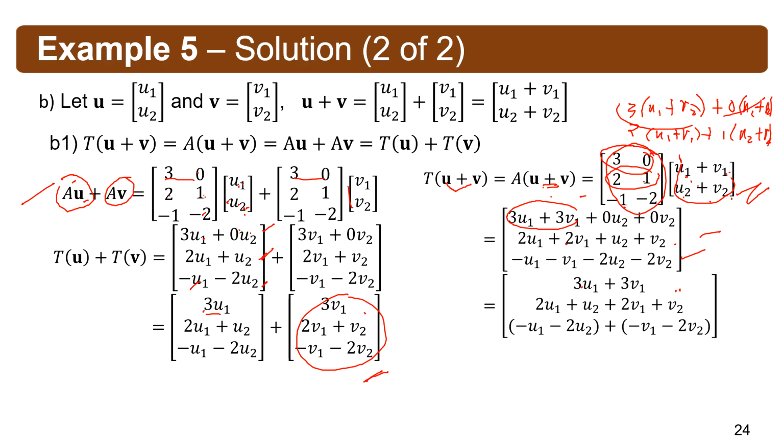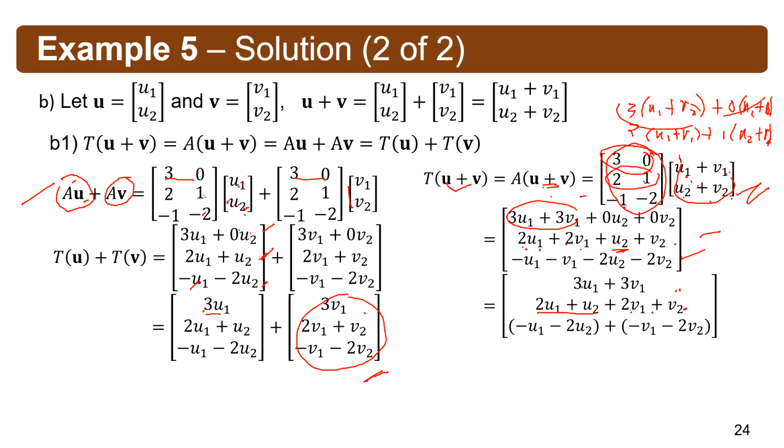So I write 2 u1 and u2, this one. And then the v's, 2 v1 and v2. So we are just regrouping or rearranging the terms.